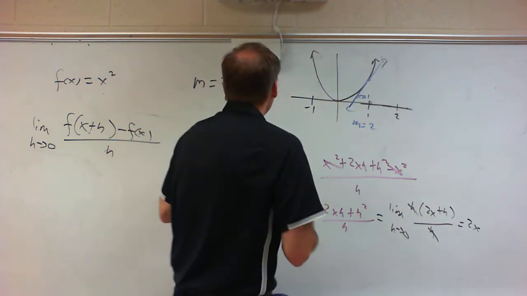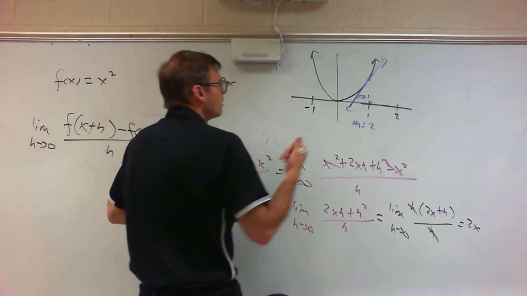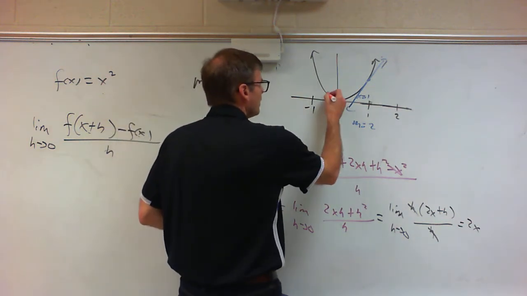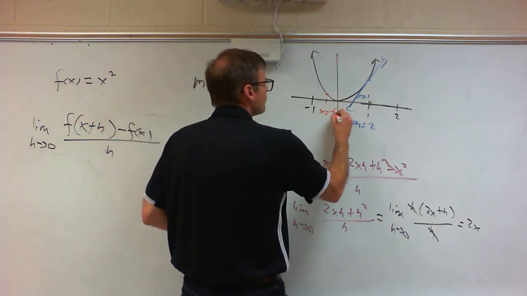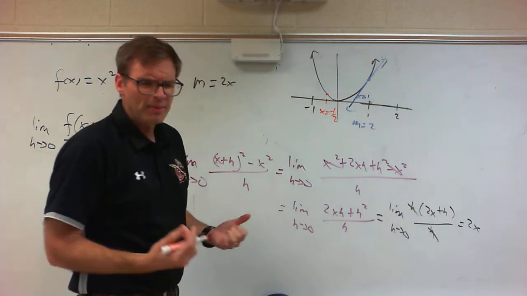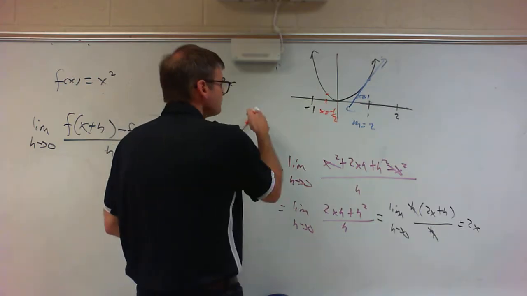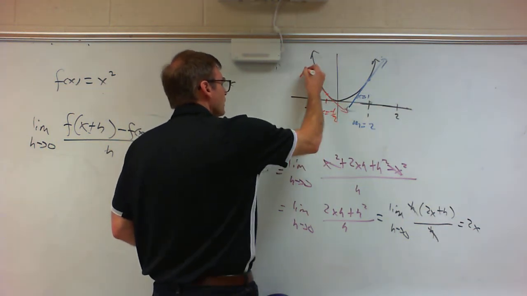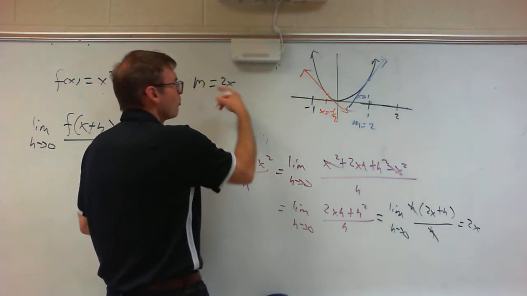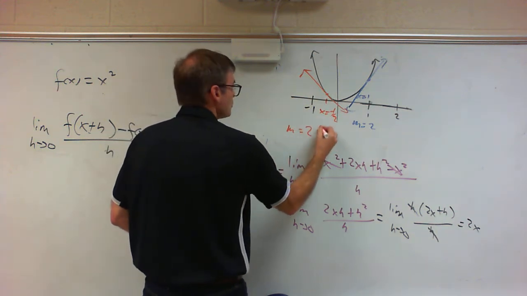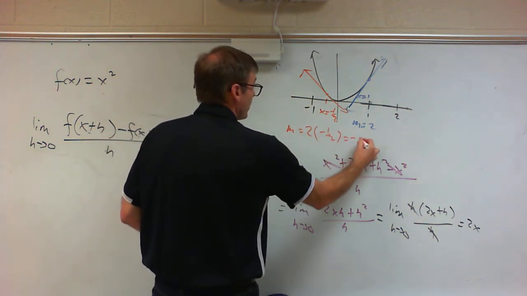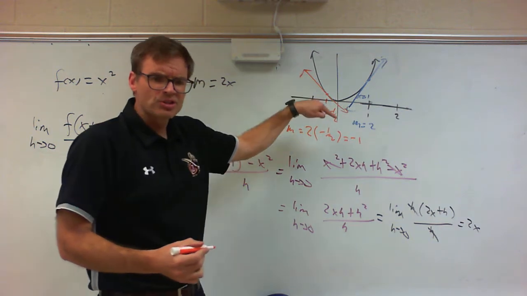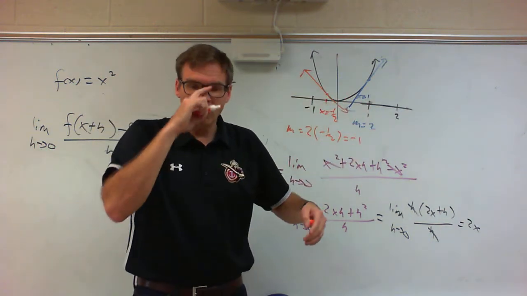What if I'm at x equals -1/2? If I plug that into my formula, my slope is equal to 2 times -1/2, that gives me -1. Does that orange line look like it could be a slope of -1?